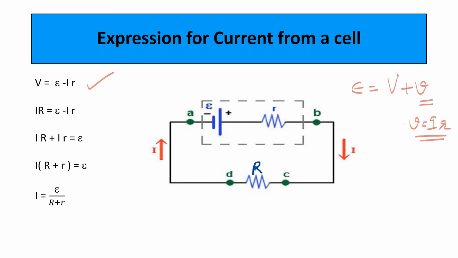Therefore, V is equal to epsilon minus Ir. From Ohm's law, capital V is equal to I into capital R. Therefore, IR is equal to epsilon minus Ir.